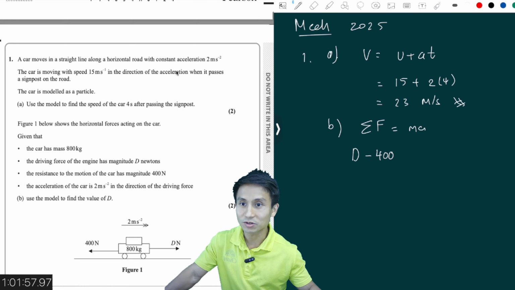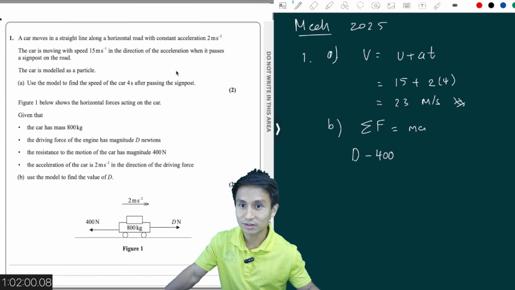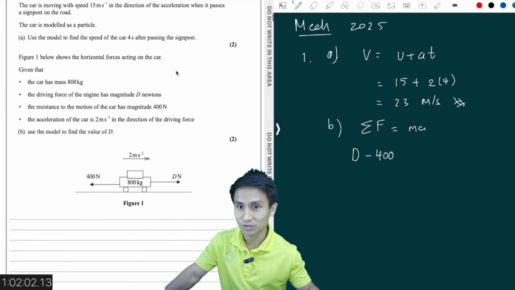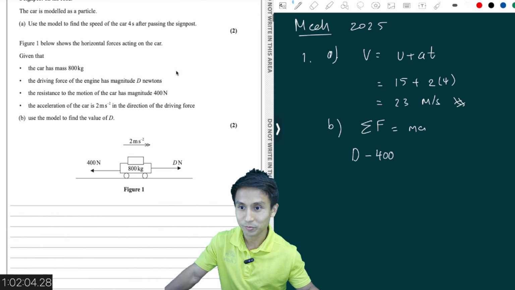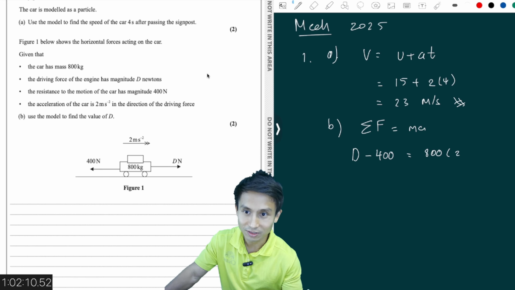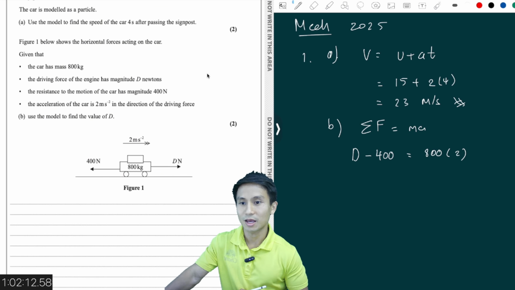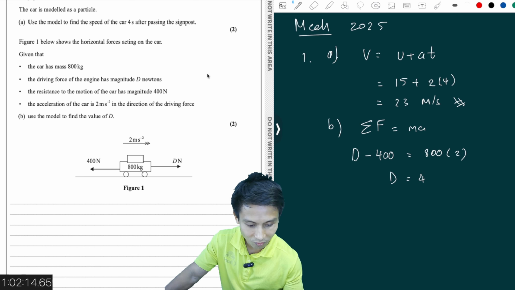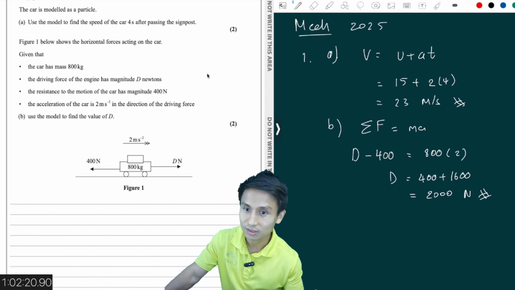And there's no friction, right? So that's all the forces we have. F equals M A, M is 800, A is again 2. So D is just 400 plus 1600, 2000 newtons. That's it.